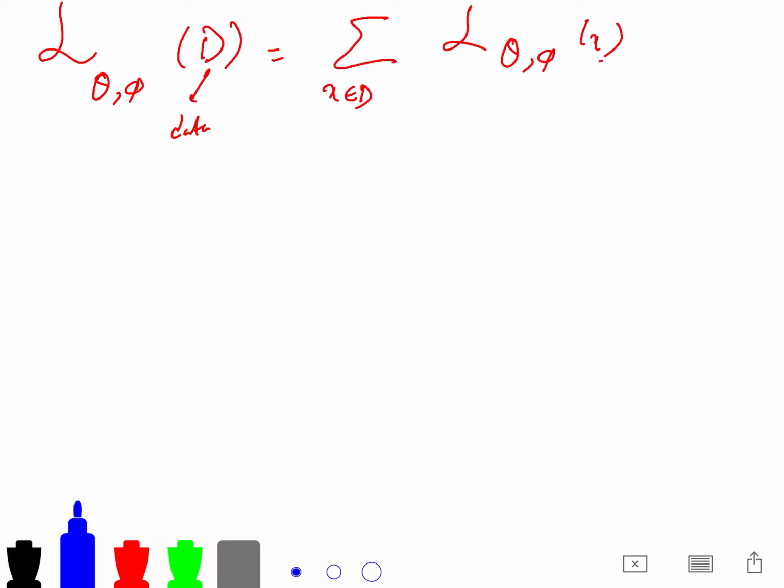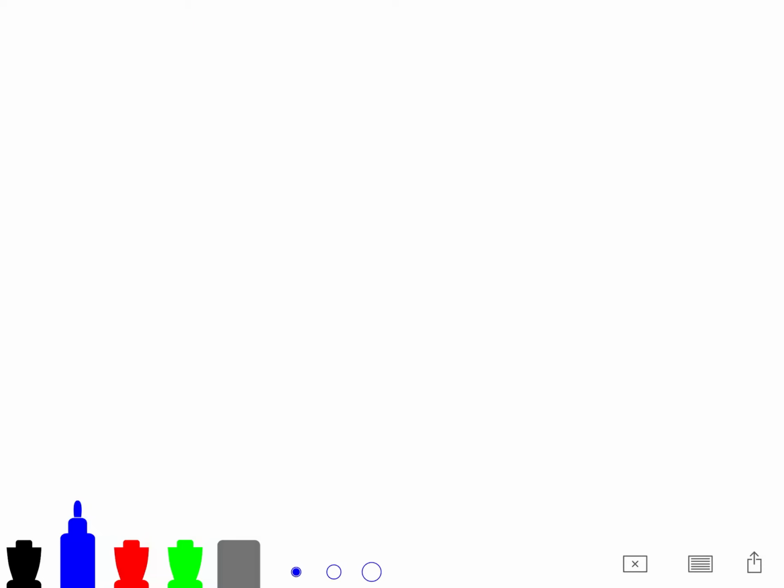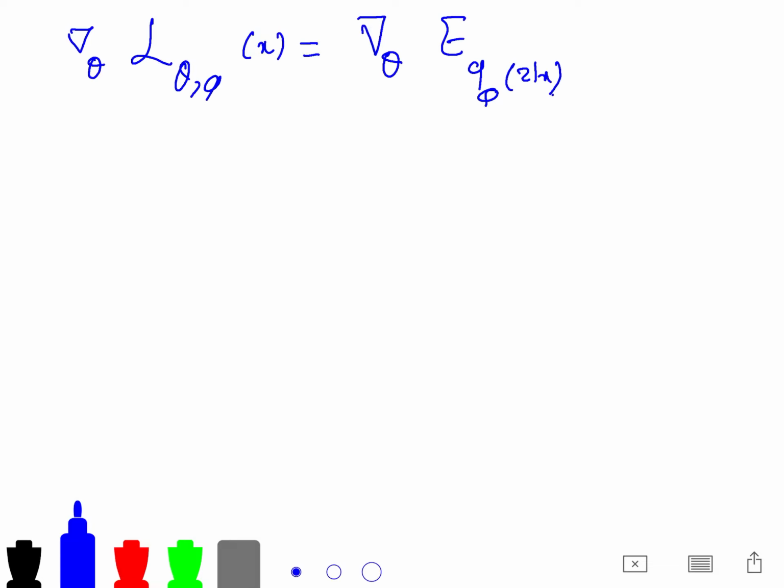However, a good unbiased estimator, this is the unbiased estimator, exists. And we can show you that the gradient of L of theta and phi of x is equal to gradient of theta of expectation of q phi z given x of log of p theta of x and z minus log of q phi z given x.